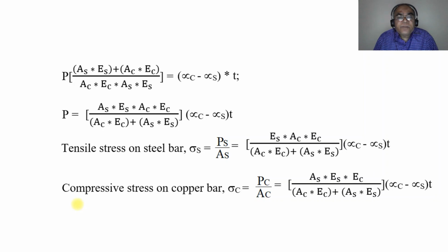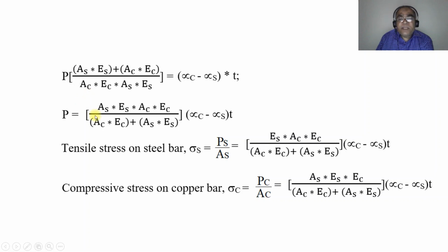Therefore, the tensile stress on the steel bar, sigma S, is equal to PS by AS, and the compressive stress on the copper bar, sigma C, is equal to PC by AC. For sigma S, you take AS to the denominator by cross multiplying. Then sigma S equals ES into AC into EC divided by AC into EC plus AS into ES, the whole thing multiplied by alpha C minus alpha S into T. Similarly, the compressive stress on the copper bar, sigma C, is equal to PC by AC.